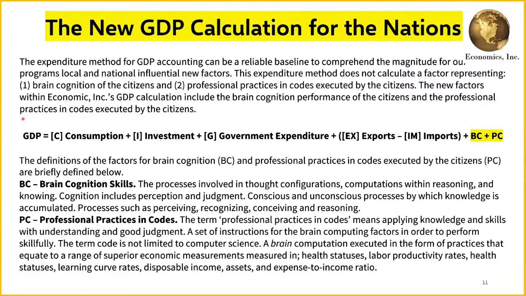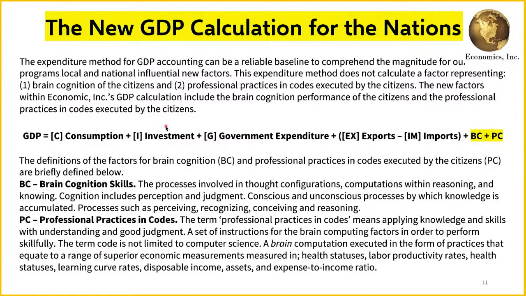The expenditure method does not calculate a factor representing brain cognition of its citizens or professional practices in codes executed by citizens. The new codes and factors within Economic Think's GDP calculation include brain cognition performance of the citizens and professional practices in codes executed by the citizens.